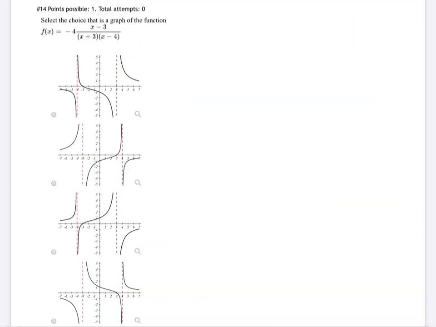Now, number 14, they want us to work backwards on number 14. So, okay, how are we going to do this? Well, we're looking at the function, let me write it here a little bigger, negative 4 times x minus 3 on the top, x plus 3, x minus 4 on the bottom. Okay, remember what we learned?